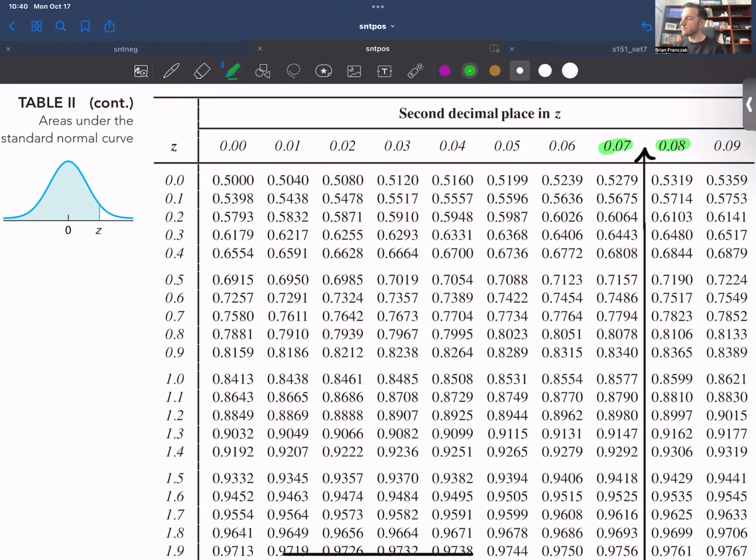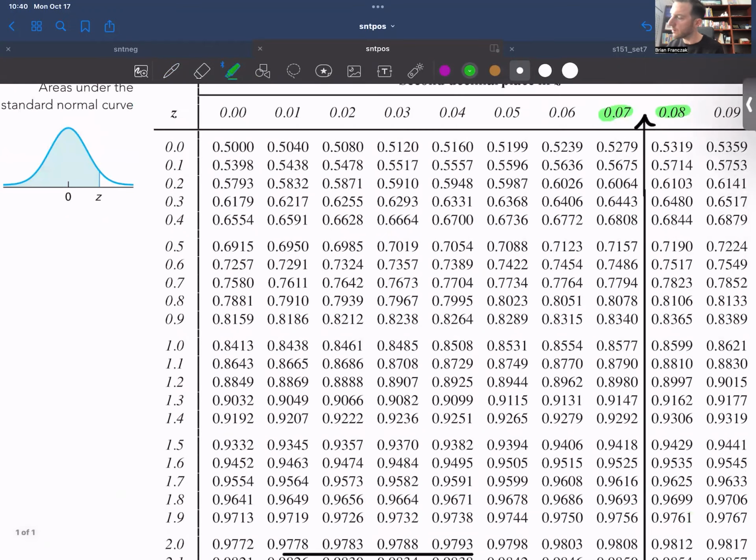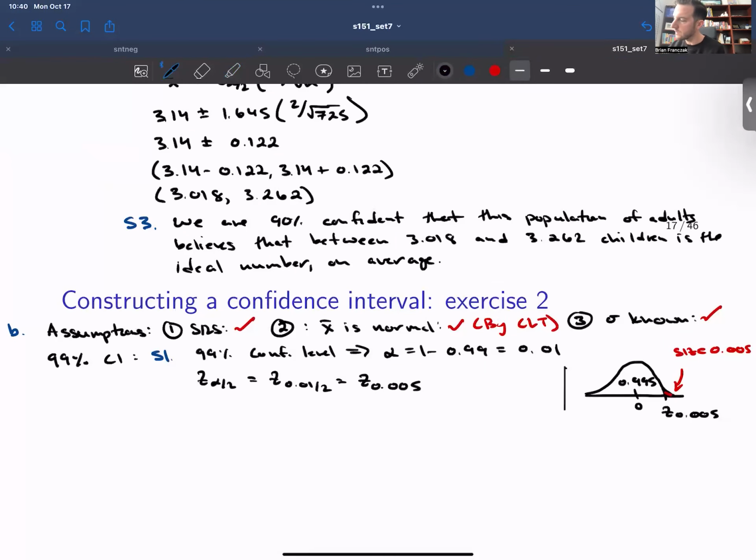Okay, so the average of 2.57 and 2.58 is 2.575. Right, so this is the same process that we had in the 90% case. This again is an example of a 3-digit z-score that derives from averaging. So this is one of the other examples of a 3-digit z-score that we can utilize.